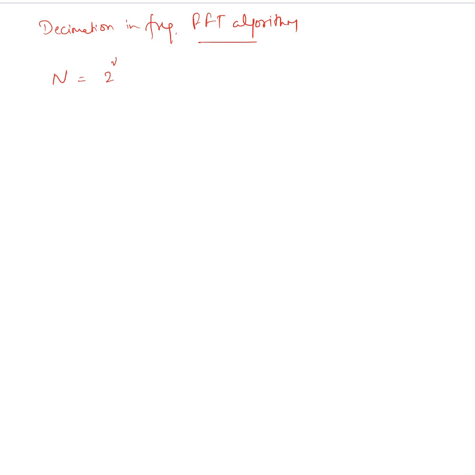Since we need to carry out the decimation operation in the frequency domain, let's say we have this X of k, which is the DFT of the finite length sequence x of n, and we do the upsample by 2.